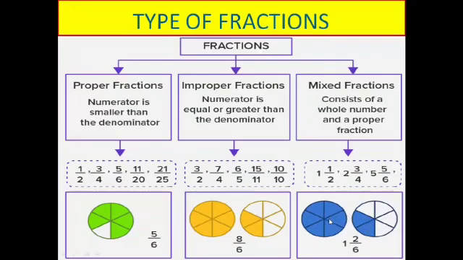So it is 1 whole and 2 upon 6. So this is a way of writing mixed fraction. We can write this improper fraction as a mixed fraction in this way. So 8 upon 6 is equal to 1 whole 2 upon 6.